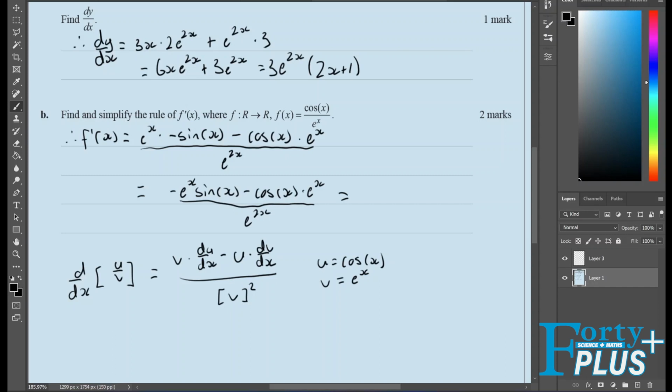And then when we simplify this down, we can take e to the x out of both of these, so it's just going to be negative sine x minus cos x all over e to the x.